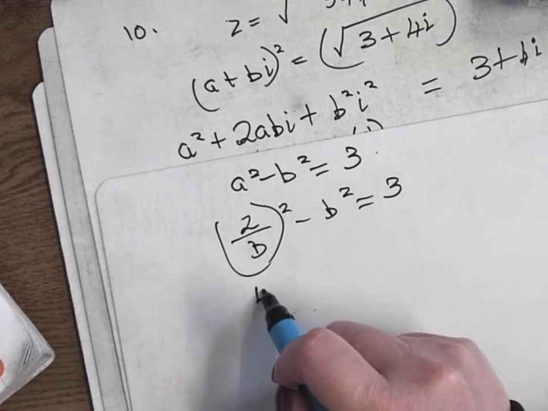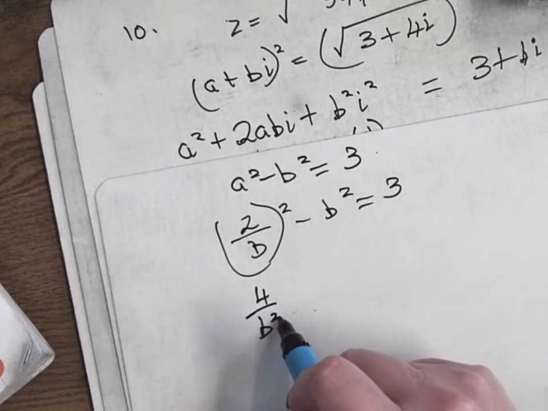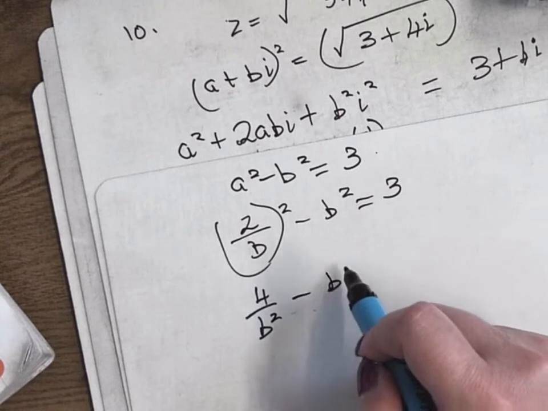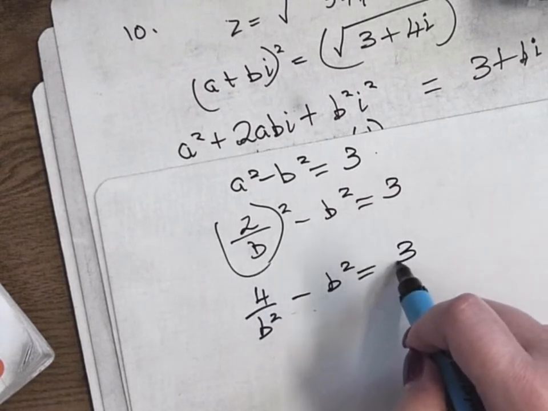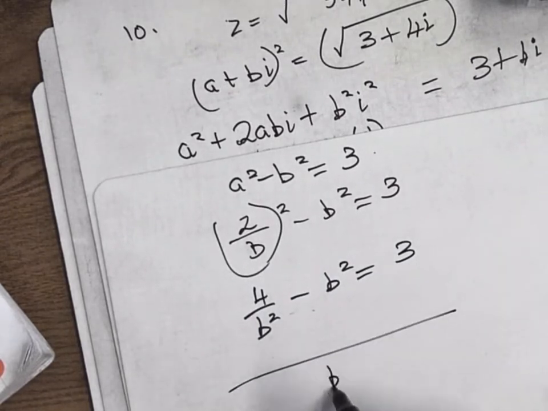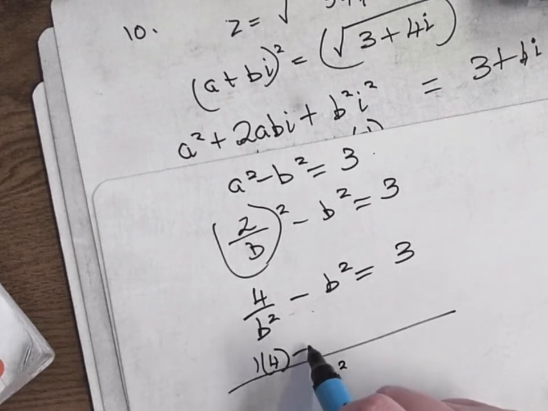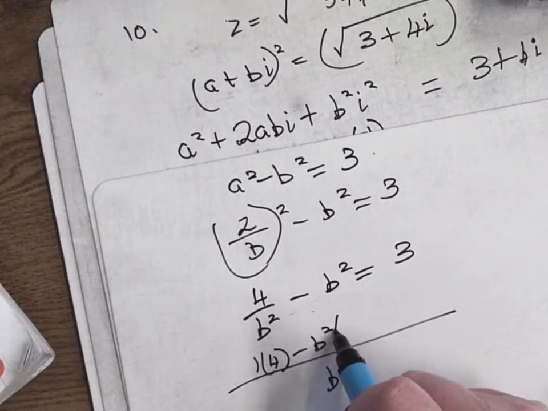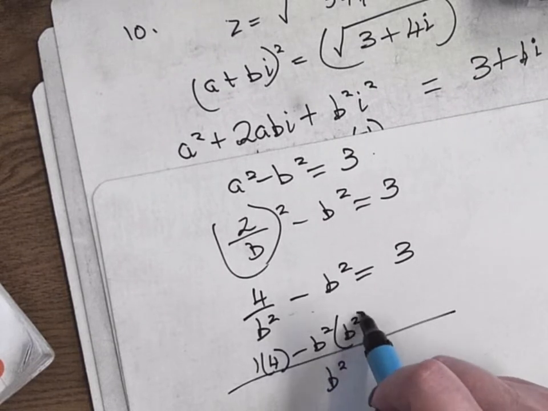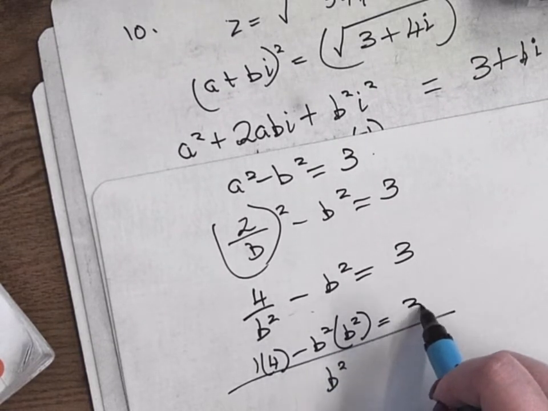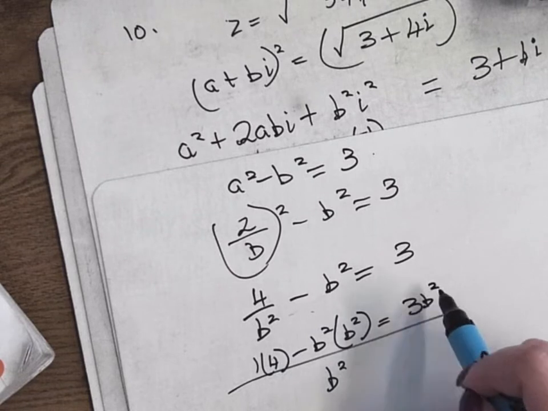That's 4 all over b squared minus b squared equals 3. Common denominator b squared, so that's 1 times 4 minus b squared times b squared equals 3b squared.